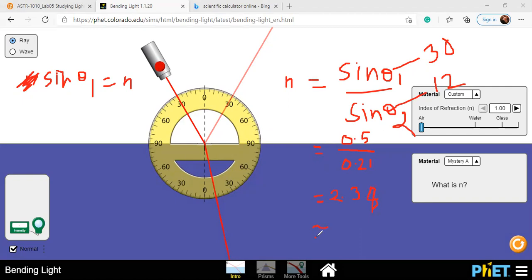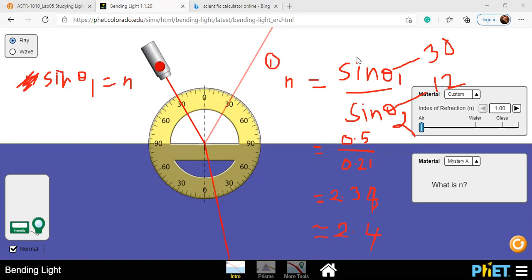If I round it off, it's about 2.4, right? This is one data point. You can say this is measurement 1. For measurement 2, just remember, I will erase everything. For measurement 1 I get 2.4.